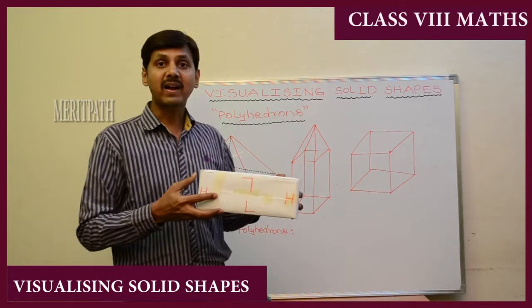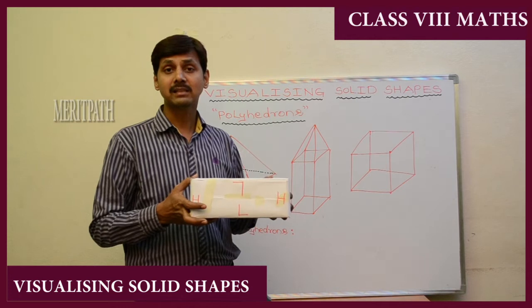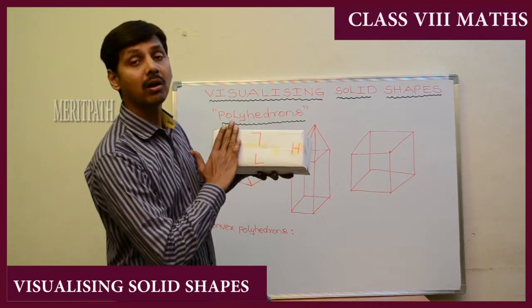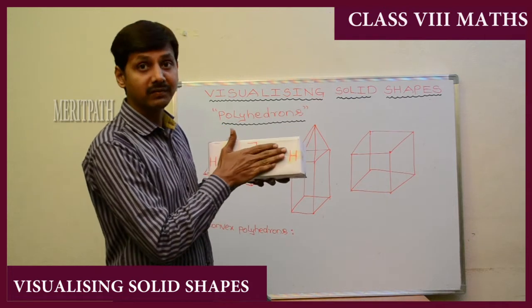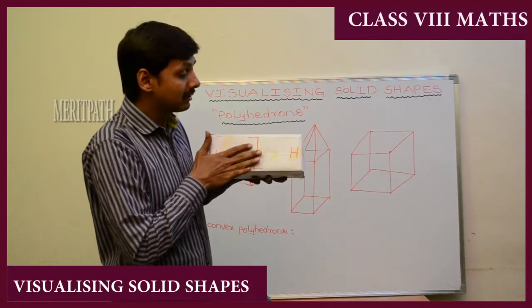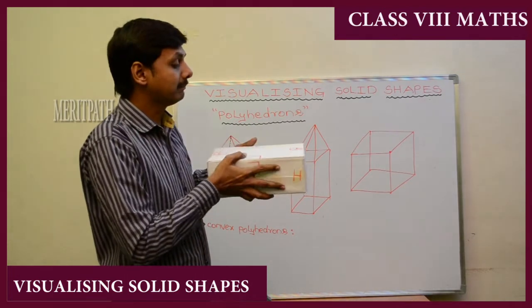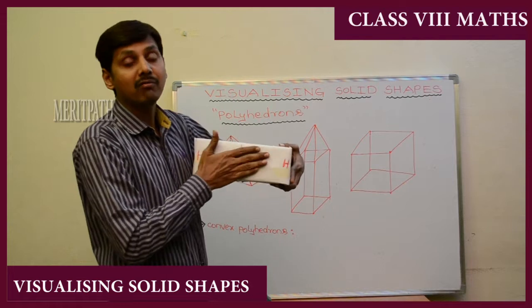Let's find out how many faces it has. This surface is called a face. One of the surfaces, one side we take. When we take either side of it, we have another surface.